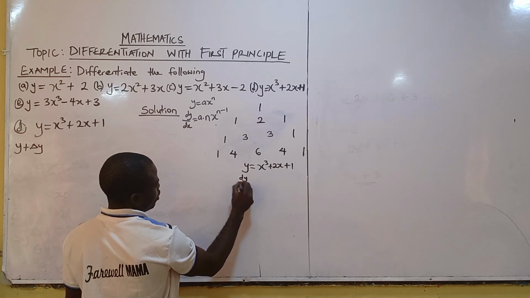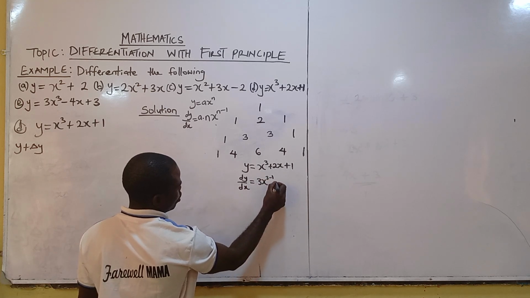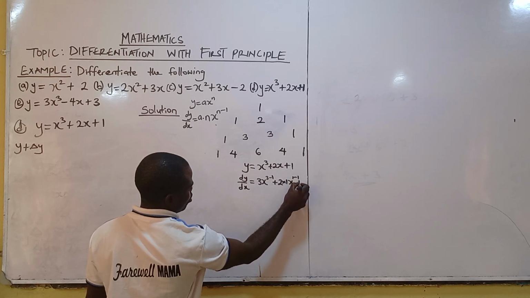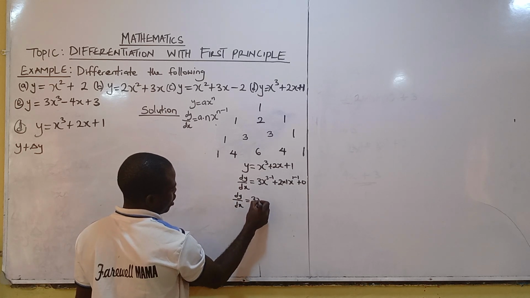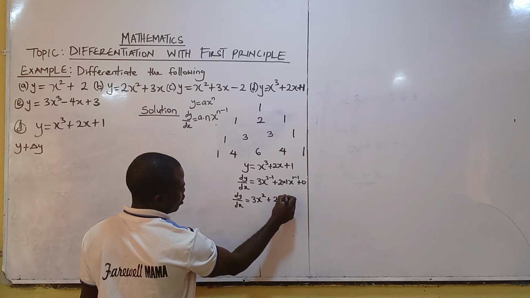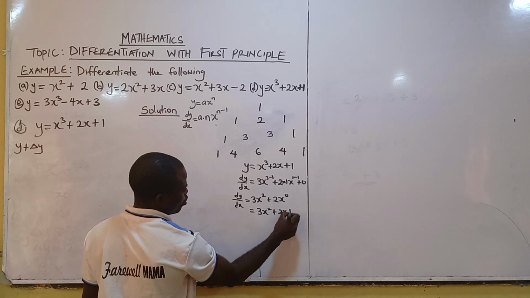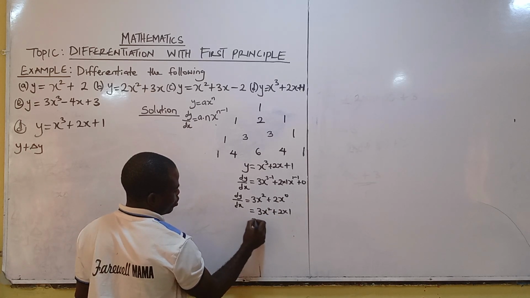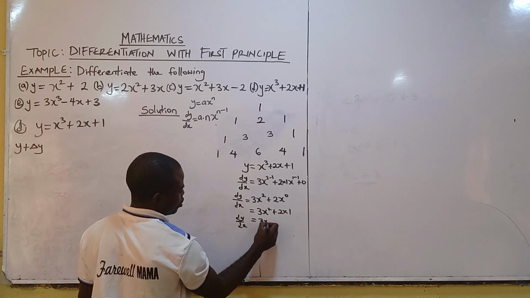Now dy over dx equals 3x to the power 3 minus 1 plus 2 times 1 x to the power 1 minus 1 plus 0. dy over dx equals 3x squared plus 2x to the power 0, which equals 3x squared plus 2 times 1, because x to the power 0 is 1. So dy over dx equals 3x squared plus 2.